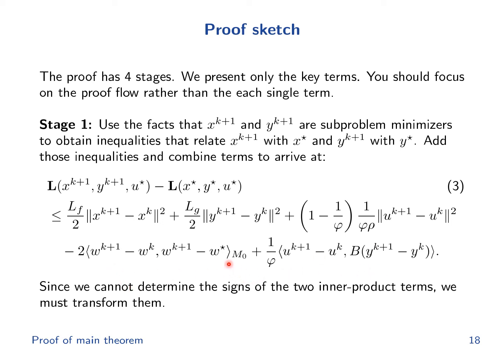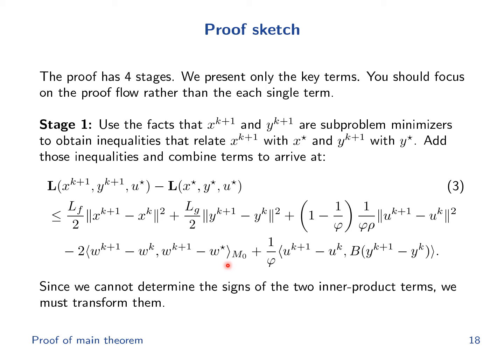To clarify, the first inner product term is induced by the diagonal matrix M0. So that really it expands into 3 individual inner product terms, one involving x vectors, the second involving the y vectors, the last involving the u vectors.